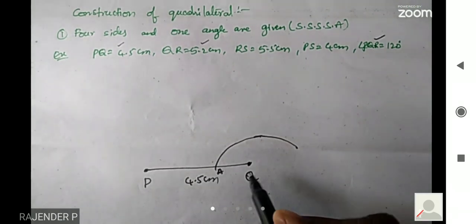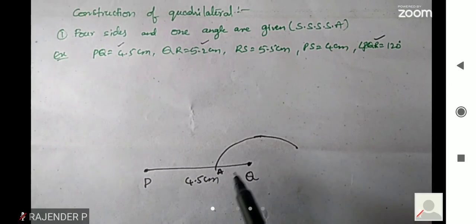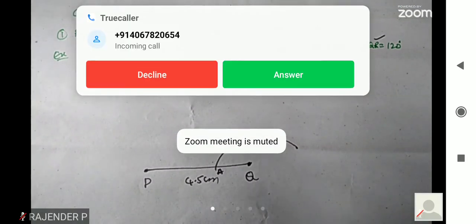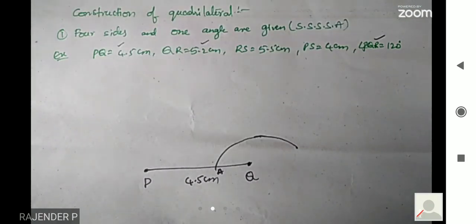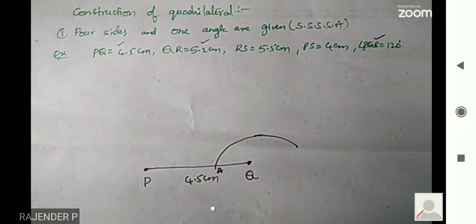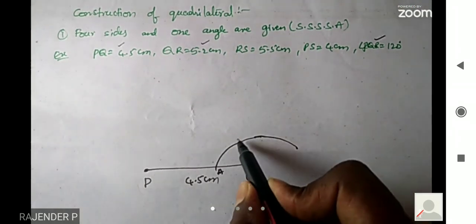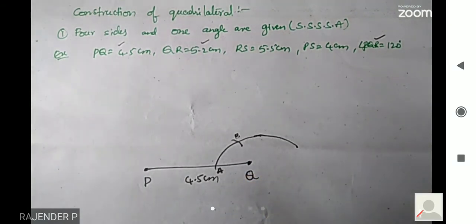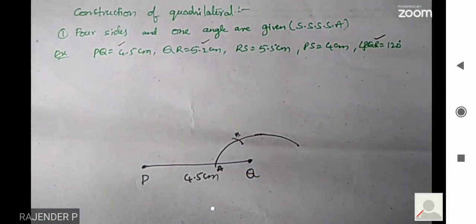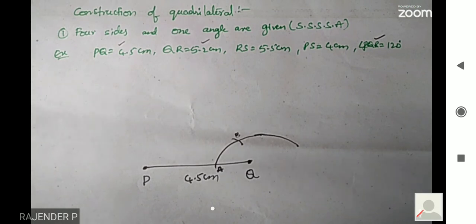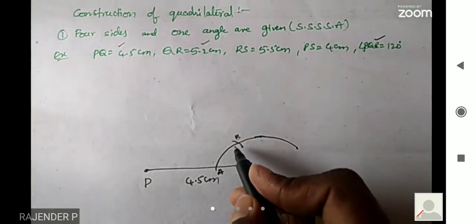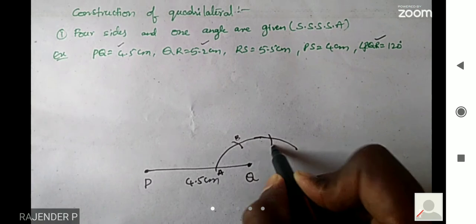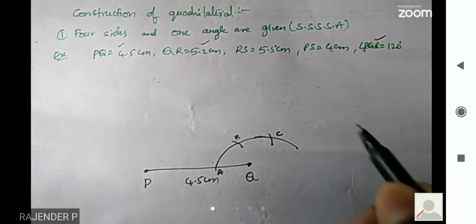So Q as center with some convenient radius, draw an arc to cut PQ at A. Next, A as center with the same radius, draw an arc to cut at B. And next, B as center with the same radius, one more point C.